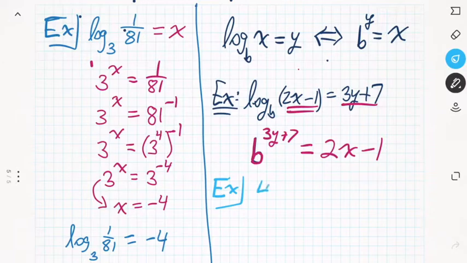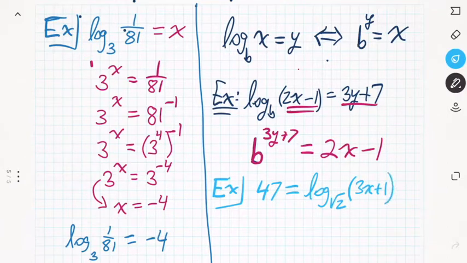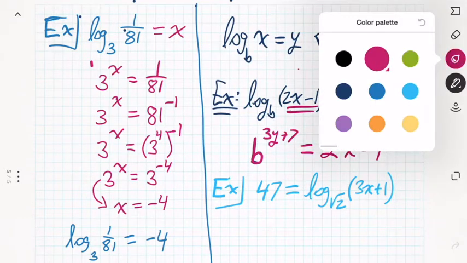Let's say 47 is equal to log base the square root of 2, as ugly as I can get, 3x plus 1. All right, now I've reversed the order, but that shouldn't really hurt anything. So we're going to start the same way.